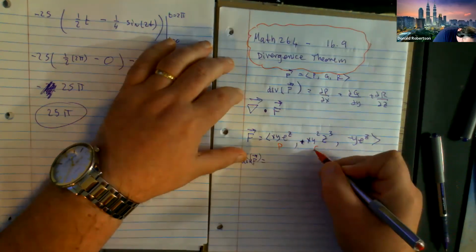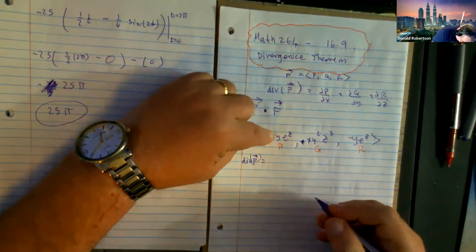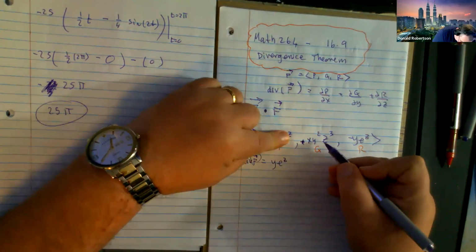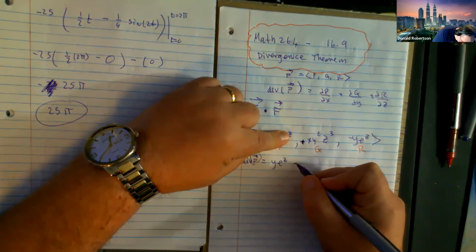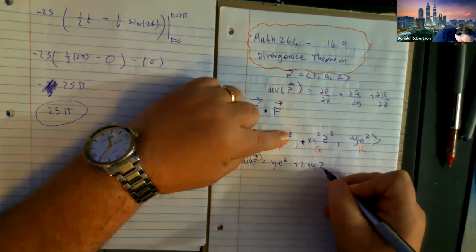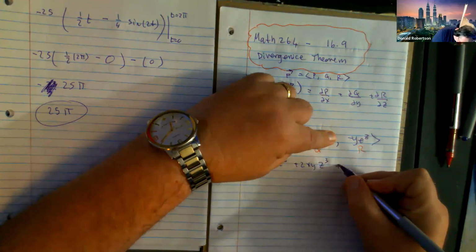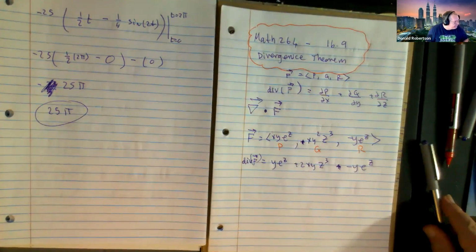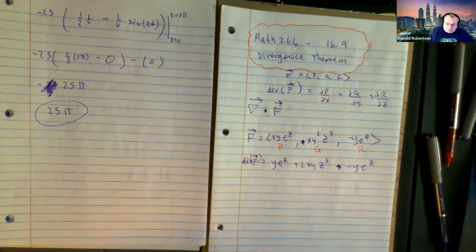That's P, that guy's Q, that guy's R. You differentiate this guy with respect to x, you get that guy. You differentiate this guy with respect to y, and you get that guy. And you differentiate this guy with respect to z, and you get that guy. Are we comfortable with that?